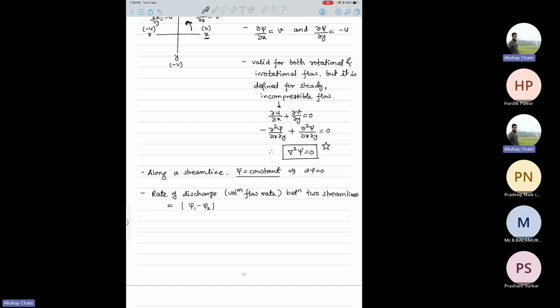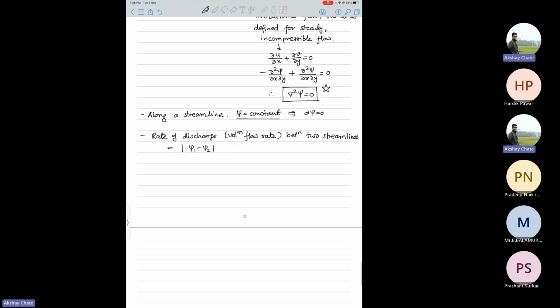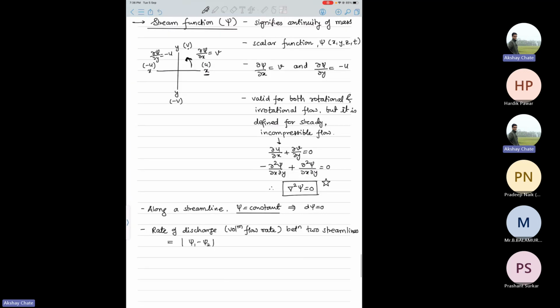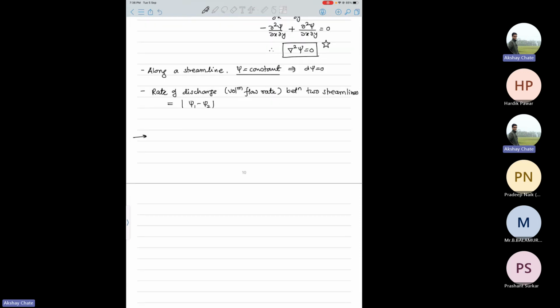And then the last conceptual point is the velocity potential function. So this stream function we defined. Then there are potential functions, denoted by the phi symbol. Again, they are also scalar functions of x, y, z, and t.